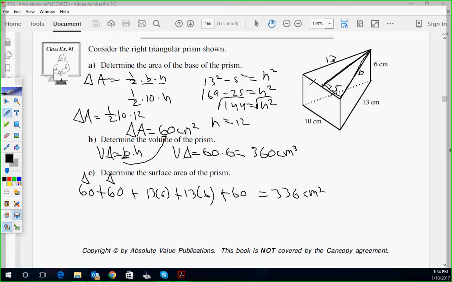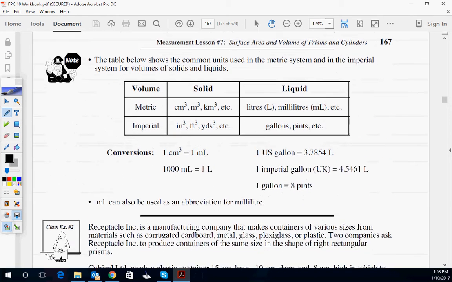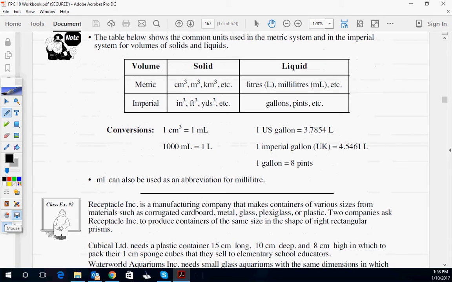Okay, so here's a couple of conversions. Again, you don't have to memorize these. They are conversions from lengths into liquids. So for example, 1 cubic centimeter is equivalent to 1 milliliter. 1,000 milliliters is 1 liter.